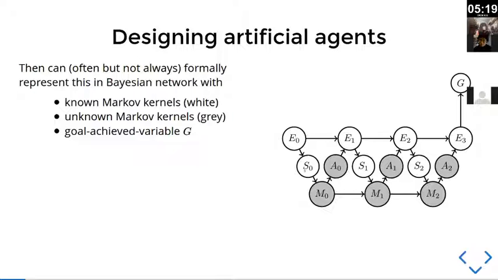So the way we represent this design process of an agent is as Bayesian networks, where we put gray nodes for variables whose dynamics we don't know, and white nodes for those where we do know them. And then we have this goal variable.